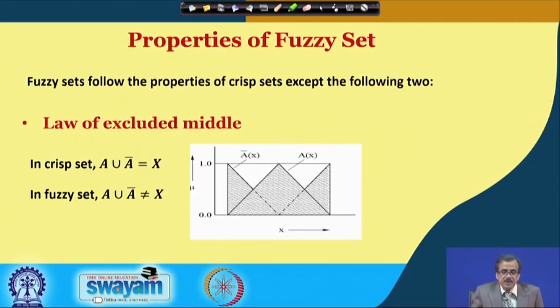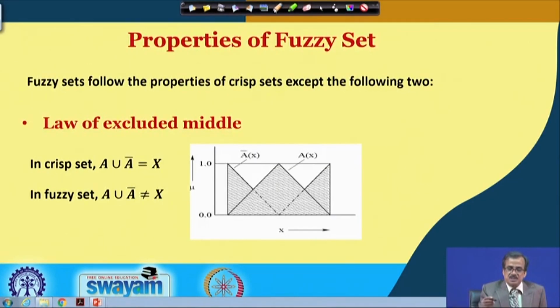Now, I am going to start with another topic, the properties of fuzzy sets. If you remember, while discussing the concept of crisp sets, we have already discussed 10 properties.